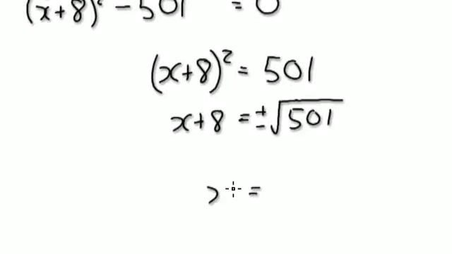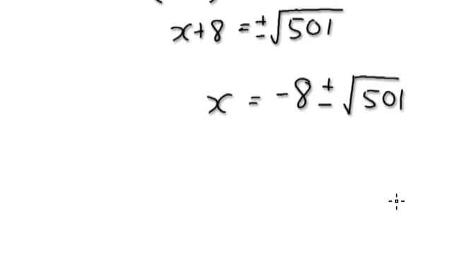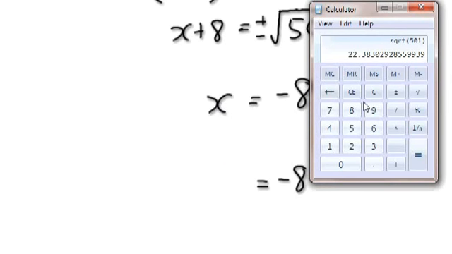So this here will be x, and then minus 8 from both sides. So x equals minus 8 plus or minus root 501. What's the square root of 501?